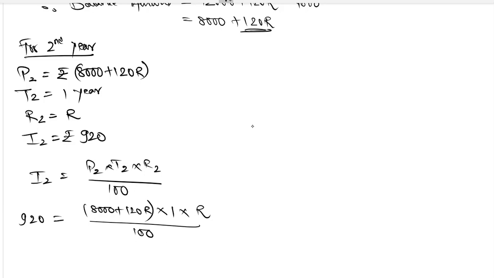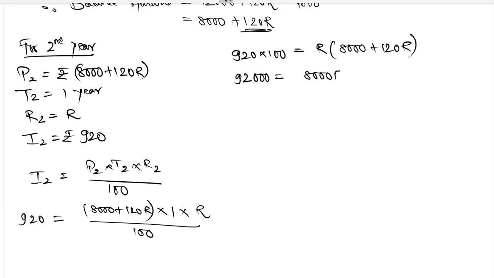This 100 will go to that side. So 920 into 100 is equal to R bracket 8000 plus 120 R. I think we are looking at a quadratic equation. 92,000 is equal to 8000 R plus 120 R square.